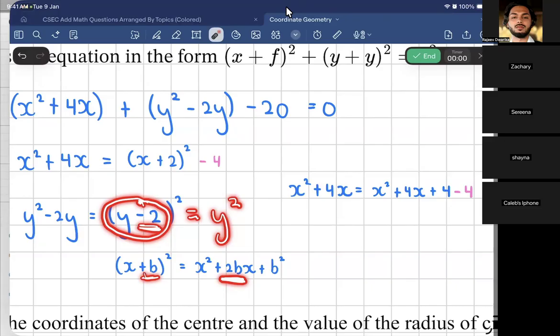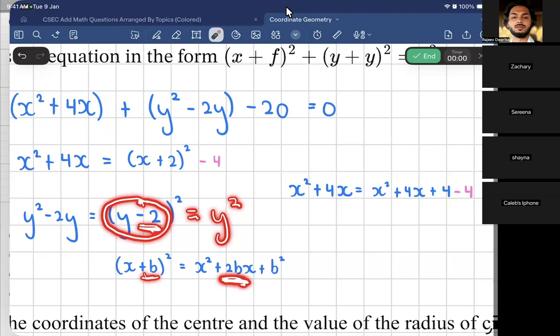And you're multiplying b by what? The y is correct, but what is it? Is it 2 what? 2b. What is b?